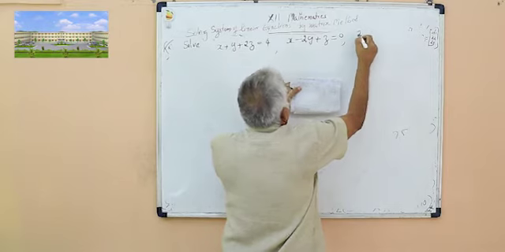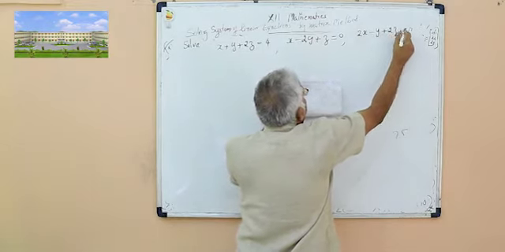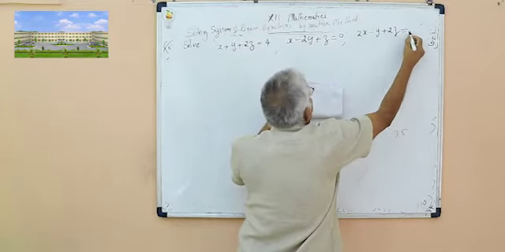Third equation, 2x minus y plus 2z is equal to 3.